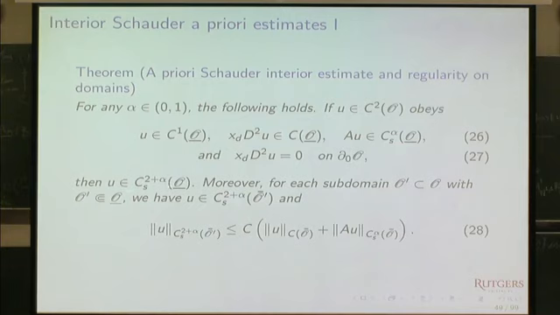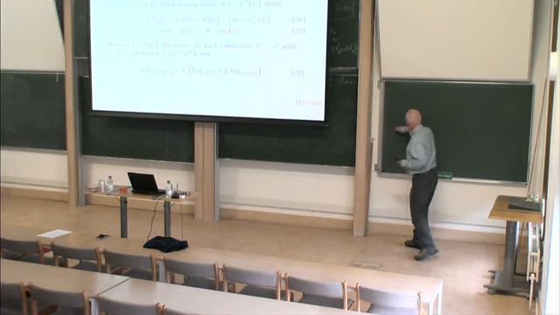It has this regularity property, which is strictly greater than what is implied by these conditions here. And then on each subdomain, the usual kind of expected thing holds. The only thing that's noteworthy here about the subdomain is that it's not the usual compact subdomain.